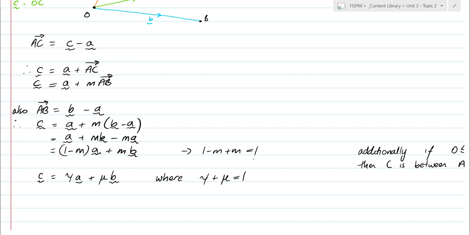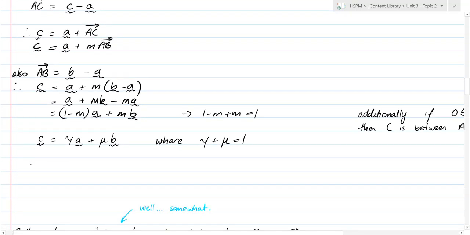If I change C, A and B back out to look at it a different way, that means we want to show that OC is equal to a linear combination of OA and OB such that this property holds. If we can show that, then we have proven collinearity.